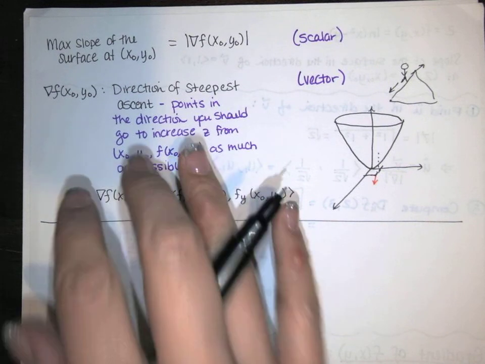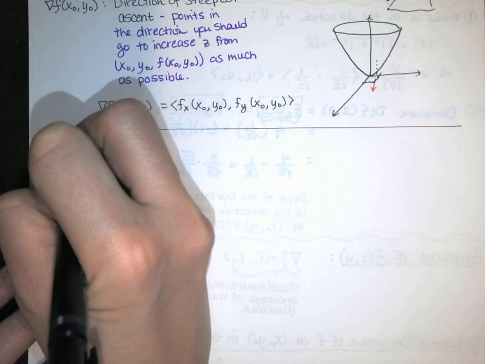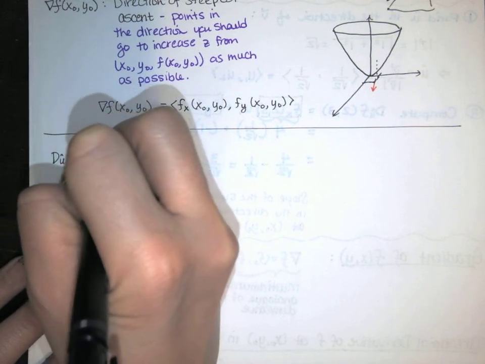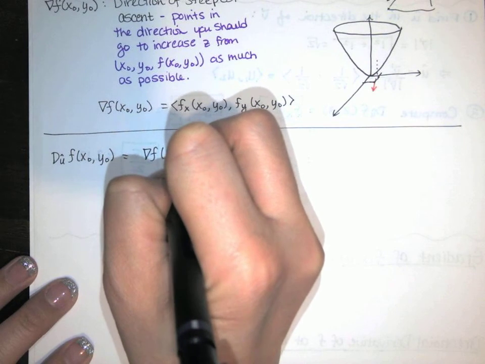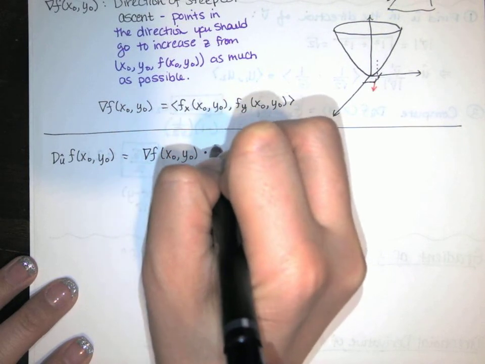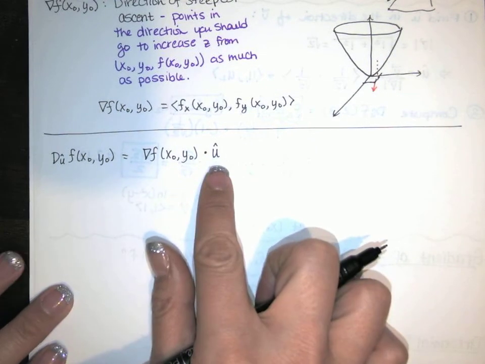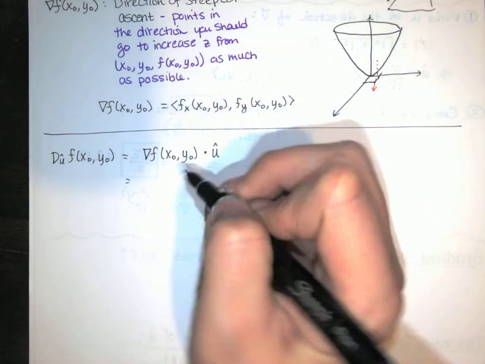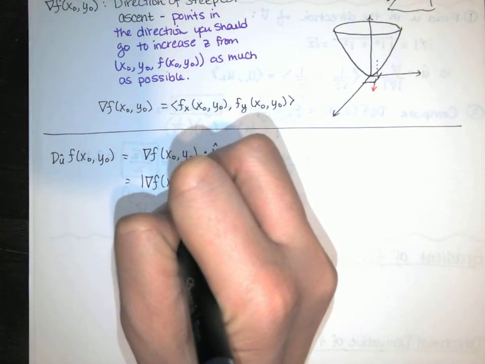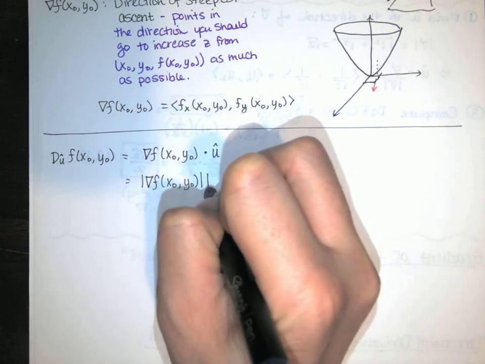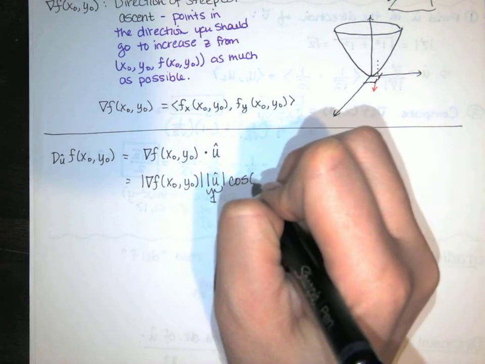Now we could also derive the minimum slope by looking at our directional derivative formula again. So remember, the directional derivative of f at x naught, y naught in the direction of u is the gradient dotted with that unit vector u heading in the direction. This is the slope in the direction of u hat. By the geometric definition of the dot product, that's the same as the magnitude of the gradient times the magnitude of u hat, which is a unit vector so that's 1, times the cosine of the angle between them.